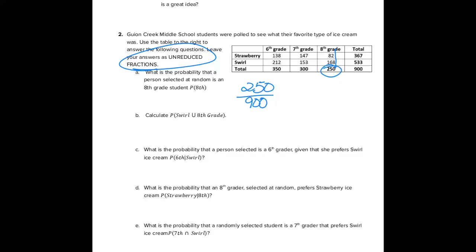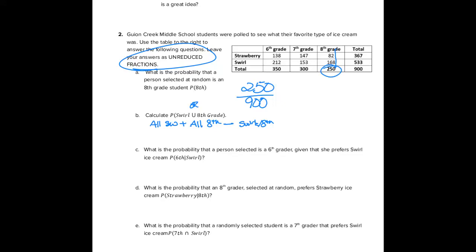Calculating swirl or 8th grade. That means I want all of the swirl plus all of the 8th grade minus swirled 8th graders, minus what is common to both.